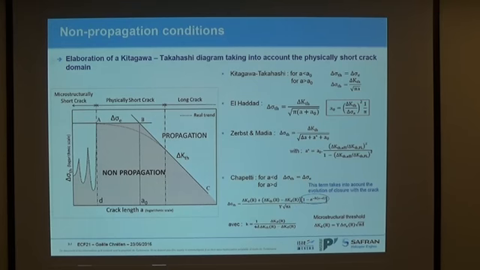Several models allow to characterize the curvature here of the experimental data. The first model and the simplest one is El Haddad, which inserts an a0 term in the square root. Tabernig and Pippan add an a star to this a0 in the square root. And we have also the Chapetti one, which takes into account crack closure thanks to an exponential and an empirical parameter k.